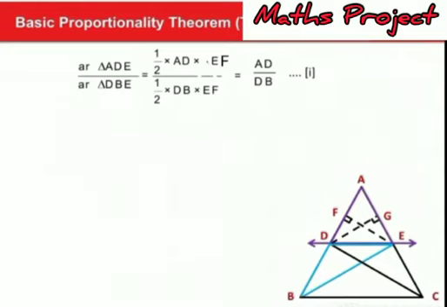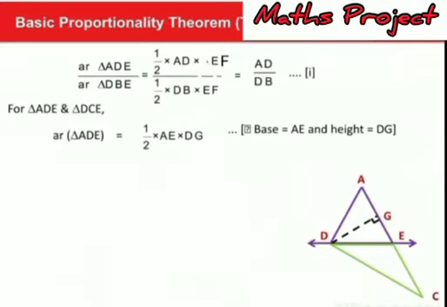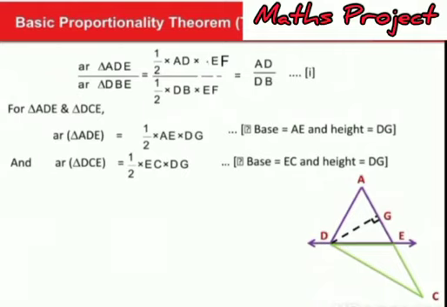Now it's time for the other two triangles, that are triangle ADE and triangle DCE. So, the area of triangle ADE is equal to half into AE into DG, where the base is AE and the height is DG. And the area of triangle DCE is equal to half into EC into DG, where the base is EC and the height is DG.